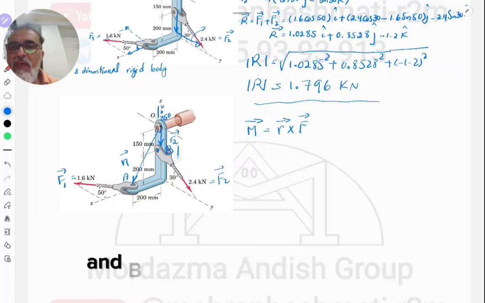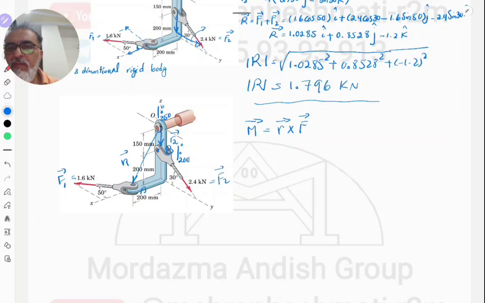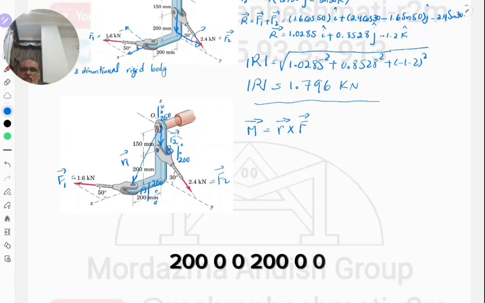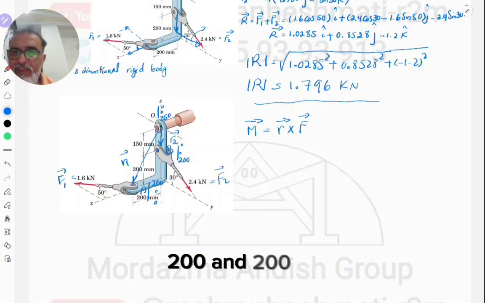And B is 0, 0, 200 millimeters. And A is 200, 0, 0.